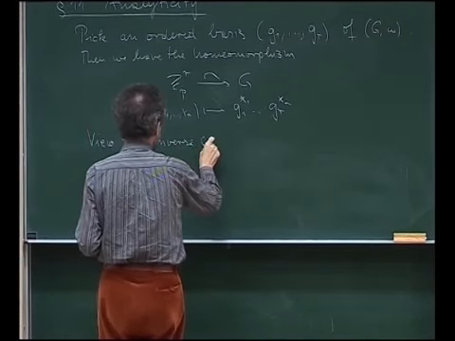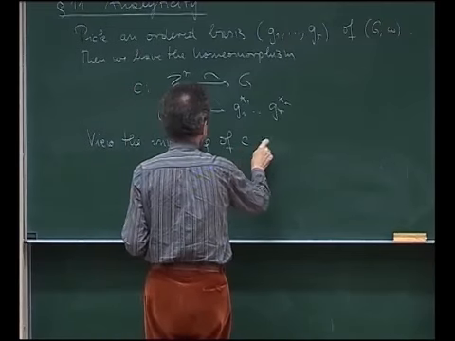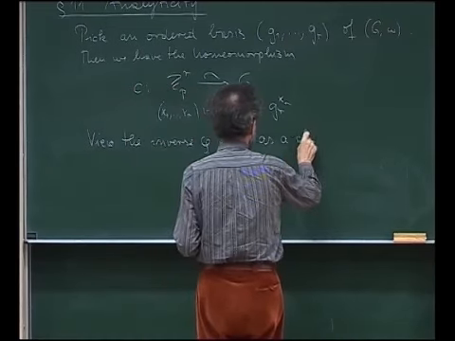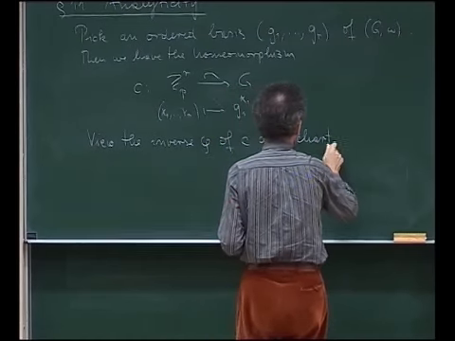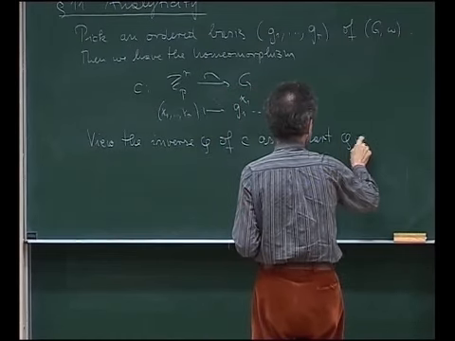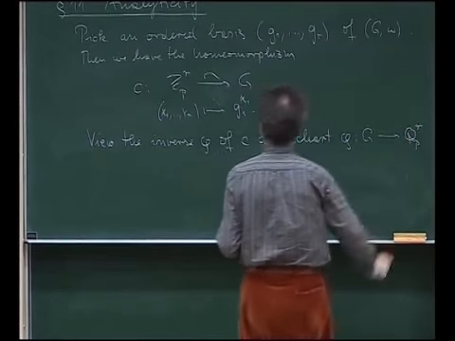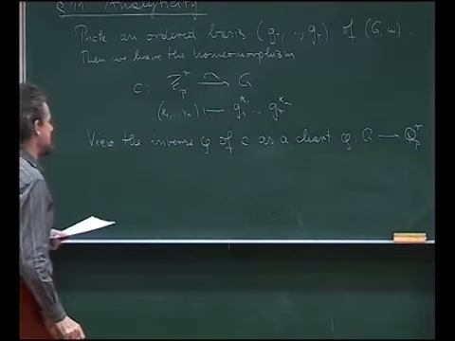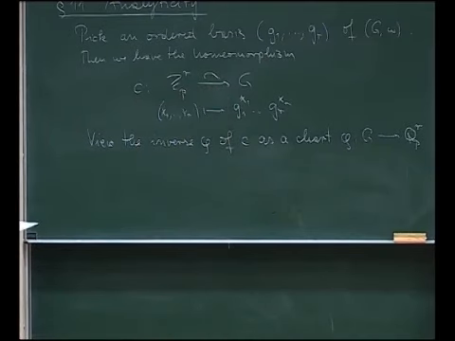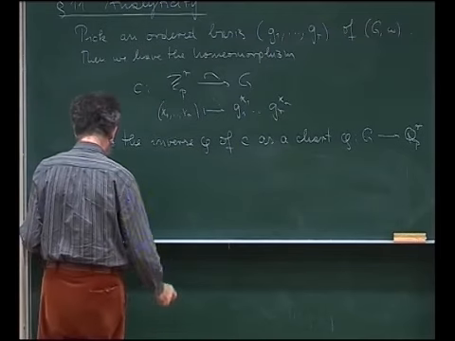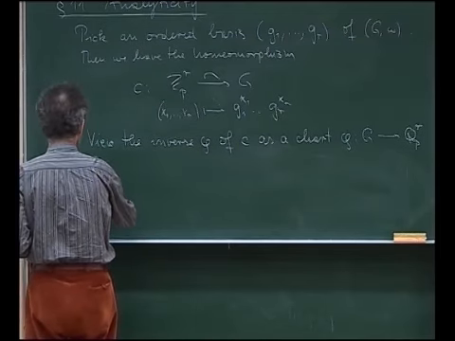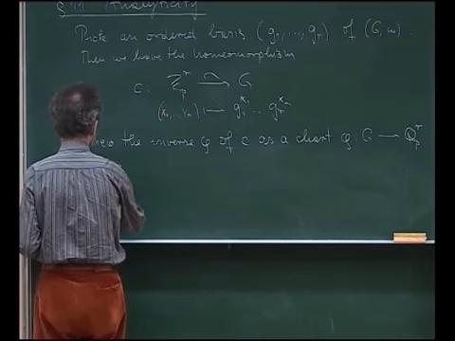And so we simply view, the point now is view the inverse phi of C as a chart, right? I mean phi from G into Qp to the R.